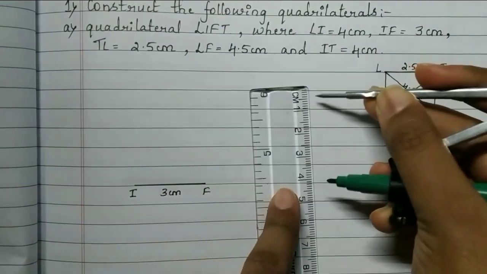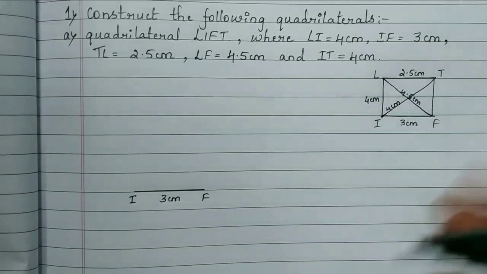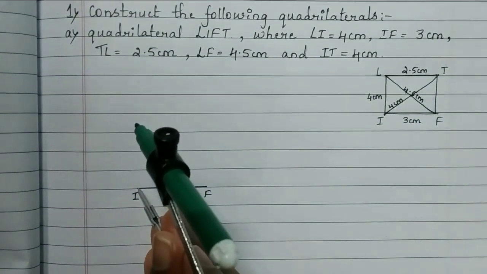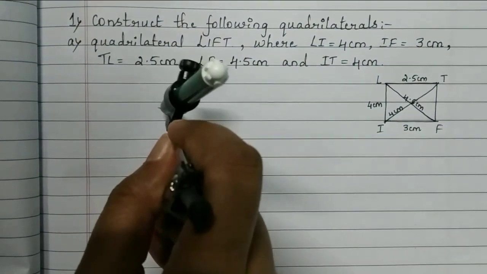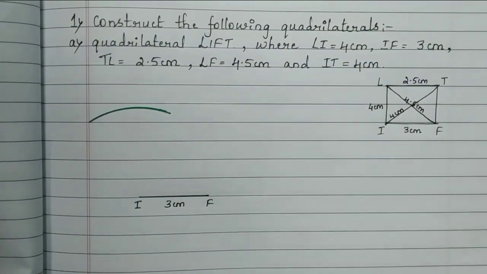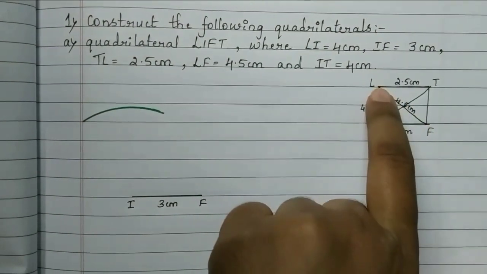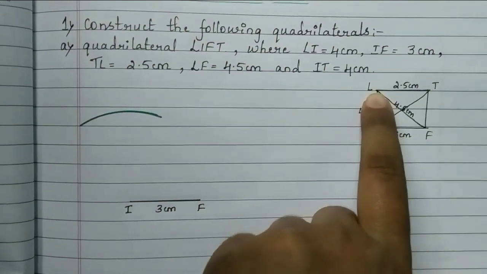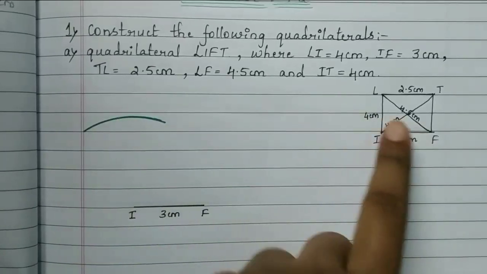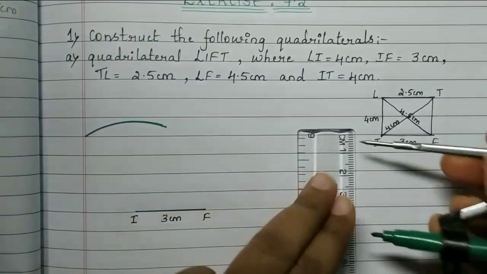How to do that? We take an arc of 4 cm length, keep the compass at point I and cut an arc here. Next we need 4.5 cm, which will cut at L on this arc. So we need to take a 4.5 cm arc.